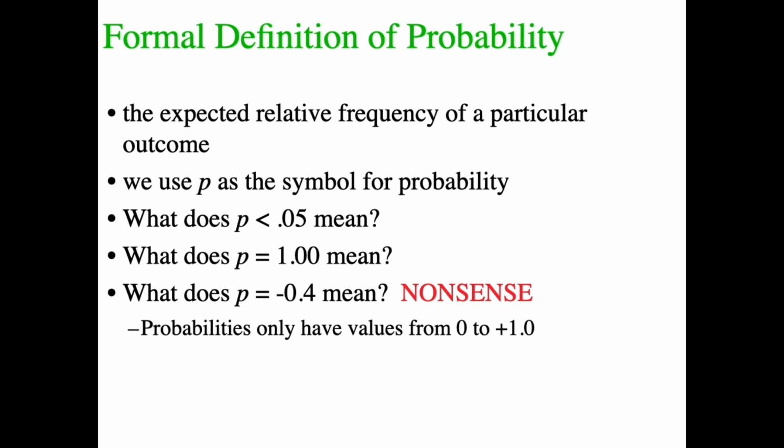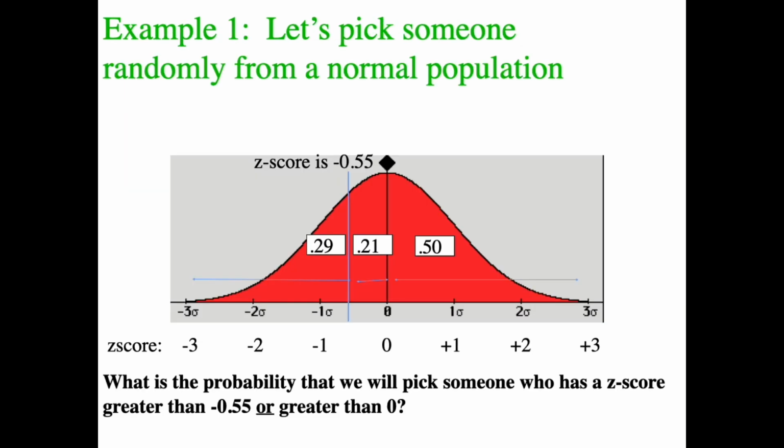So again, if we go back to this question of picking someone randomly from a population, and I ask what's the probability that we'll pick somebody who has a z-score greater than minus 0.55 or greater than 0, what I would do is look at the different proportions that I have here. It says who has a z-score greater than minus 0.55, so that's everything of 0.21 and 0.5, or greater than 0, and I figure that out, that's 0.50.